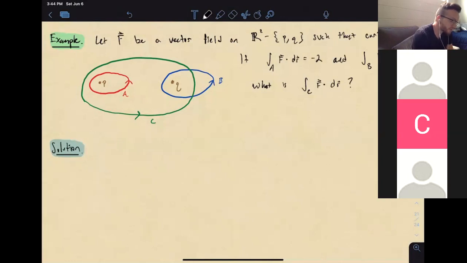Let's see, so we have a vector field on R2 minus P and Q. I'm telling us that the curl is 0. I'm telling us that the integral over A is -2, the integral over B is 4. And the question is, what is the integral over C?